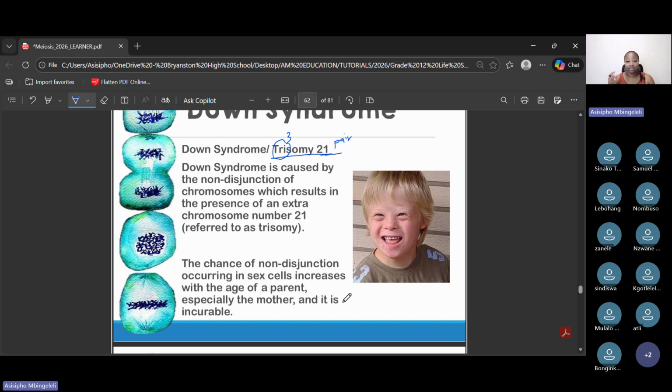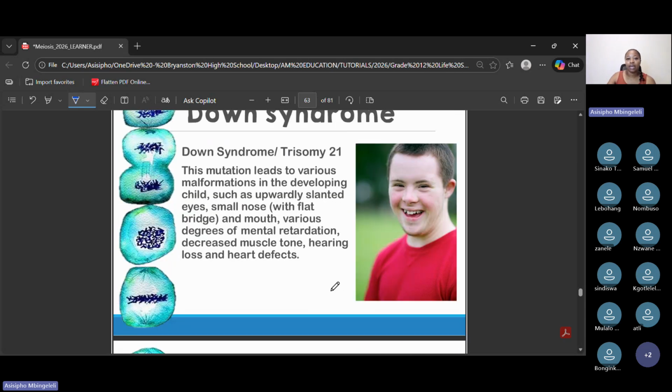I'm not sure about the age, but in recent times we've seen females giving birth to healthy kids at the age of 40 or 50 or whatever age. Okay, so what are we taking here? Trisomy 21, Down syndrome. This is due to non-disjunction occurring at chromosome pair number 21.